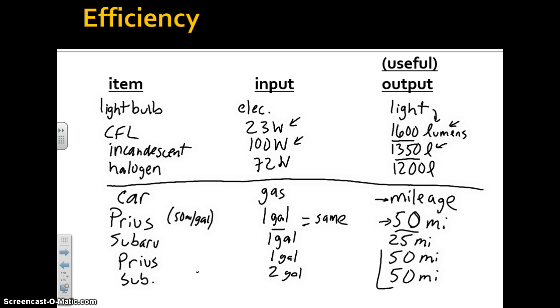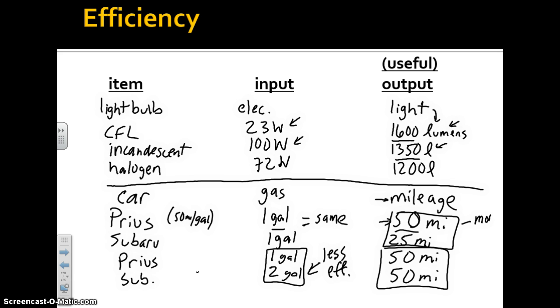So the subtle difference here is you have the same output, but with something that's less efficient, you need greater input. Whereas if you have the same input, you get more output out of the more efficient one. And so that is one way to demonstrate what it means to have something that is more efficient.